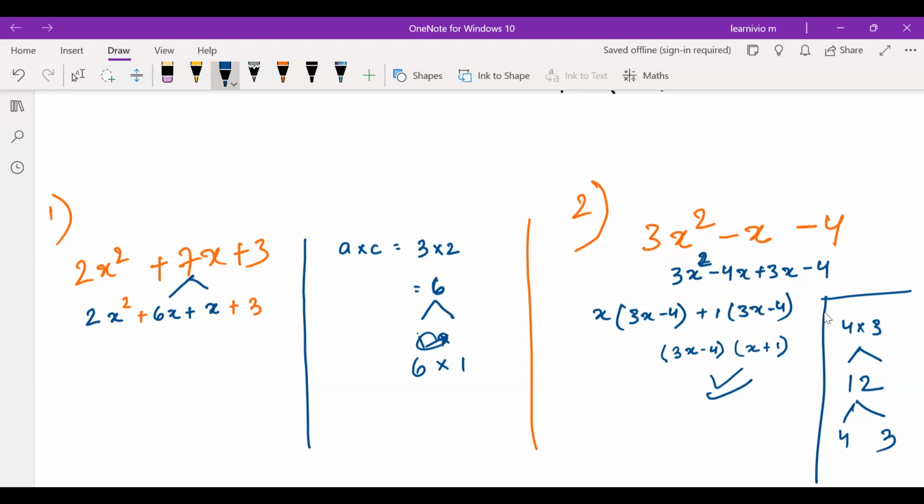When I was doing it, it was in a different way. See carefully. Here 3x square is there, minus x is there. What is our middle term? Minus 1. So we will try taking two such factors which, added together or subtracted together, are going to generate minus 1. Getting it? Yes, ma'am.